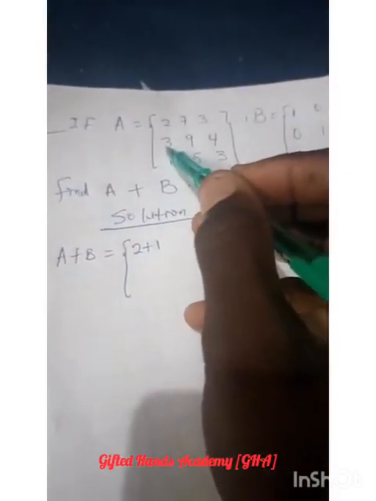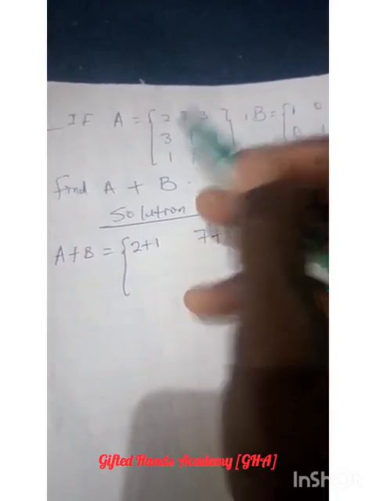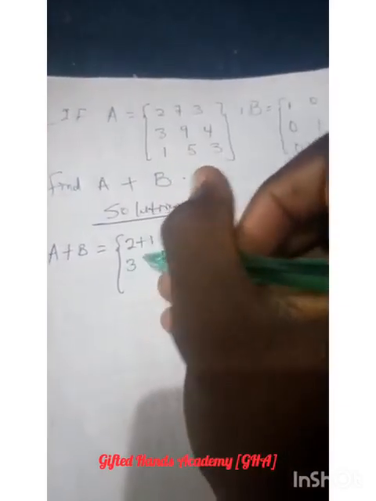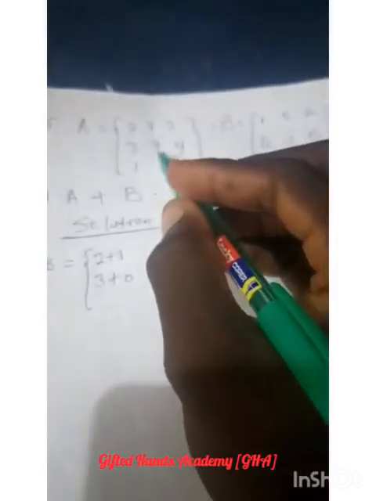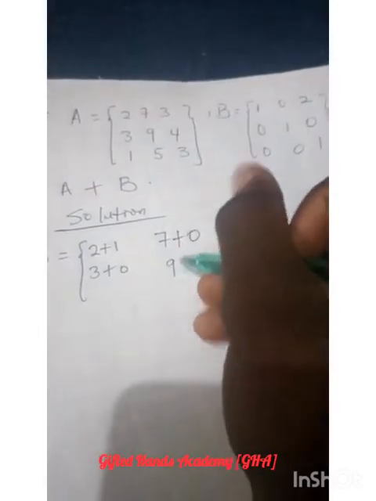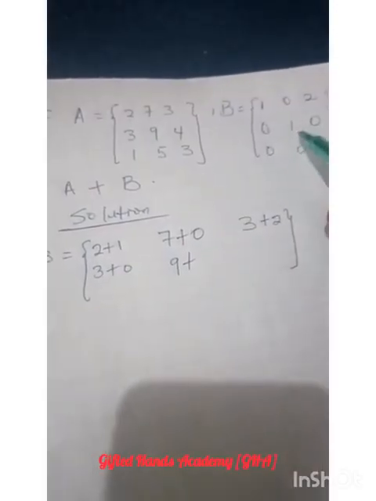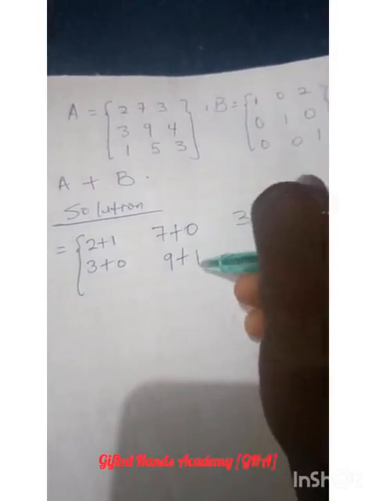Then come to the second row and column 1. So I have 3 plus, come to this side, 0. Then to A back, 9 plus 1. Are we getting it?